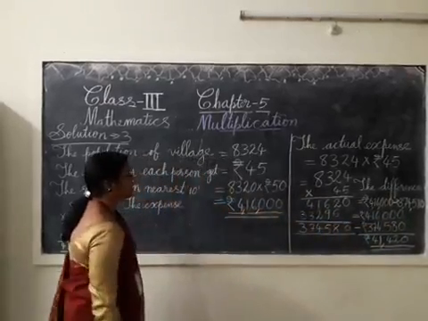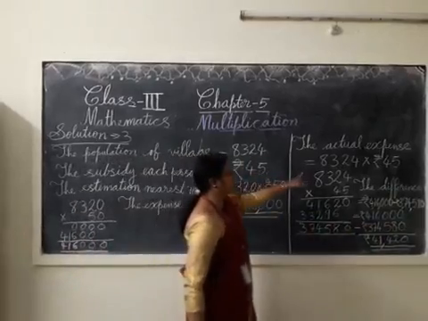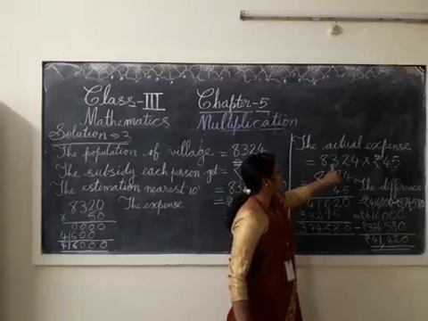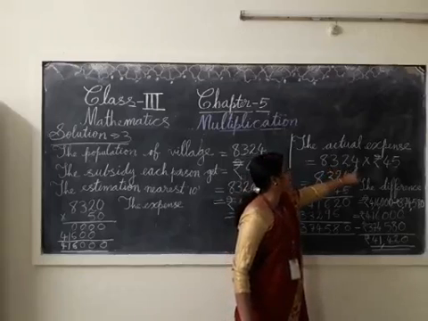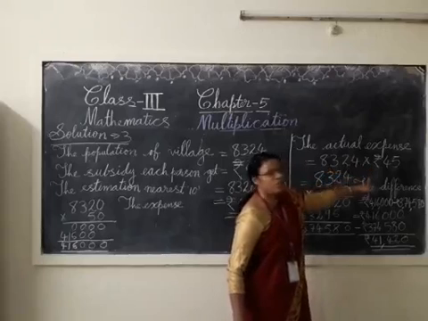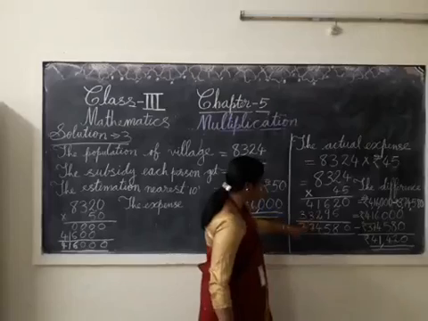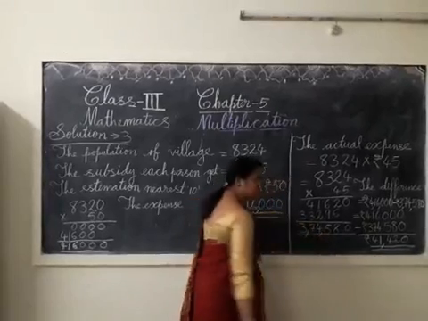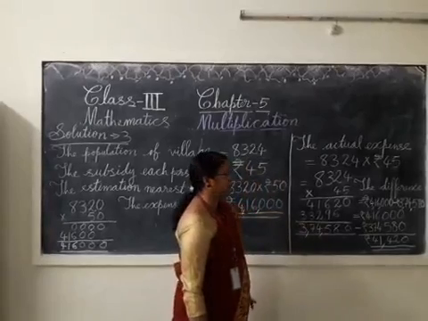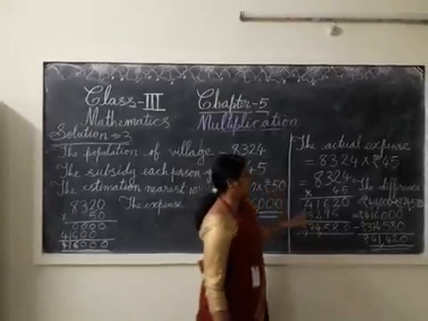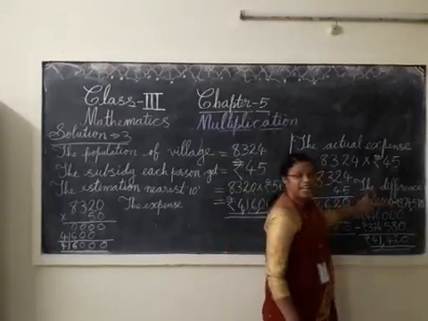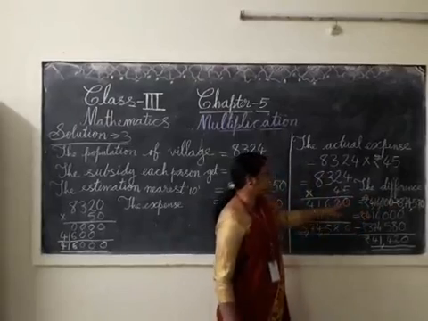Now the actual expense we have to find out. Here we are getting 3,74,580. The third part is asking for the difference between the actual number and the estimated number.